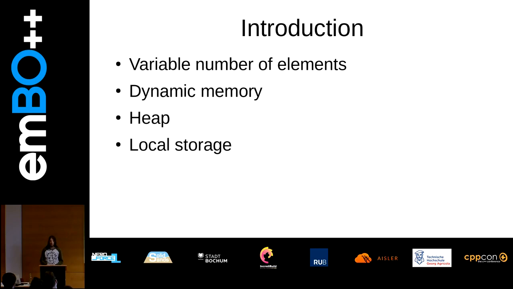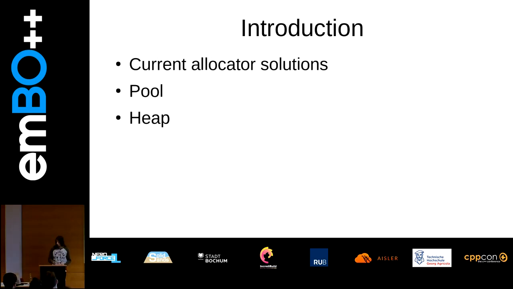There are multiple ways of dealing with this. Mostly it's done by either putting objects on the heap or creating a special pool or object to hold those messages. These are the most common solutions.